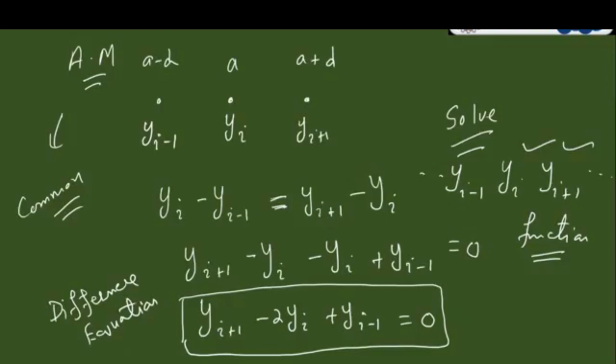So at the end, what we have to learn is how to solve a difference equation. And what is a difference equation? It is just like a differential equation, only it is applied to discrete data, not continuous data.